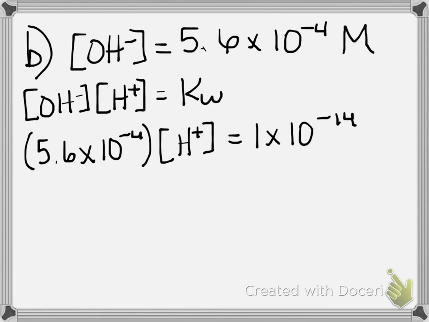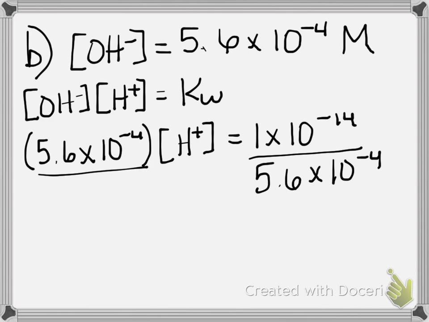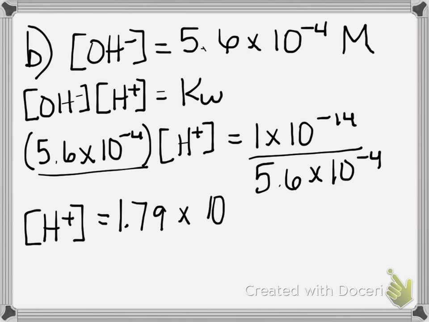If I solve this by dividing both sides by 5.6 times 10 to the negative 4, I'll get my hydrogen value. And my hydrogen concentration is 1.79 times 10 to the negative 11.